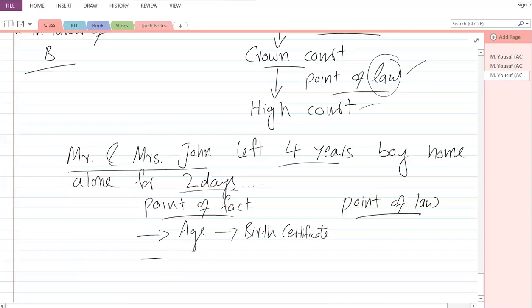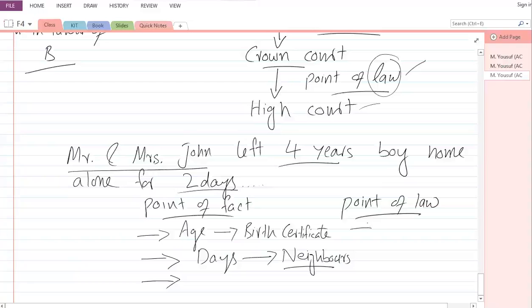To confirm the days, we can get evidence from the neighbors that the boy was alone for 2 days. They are the witnesses. So, for example, these are enough for point of fact.